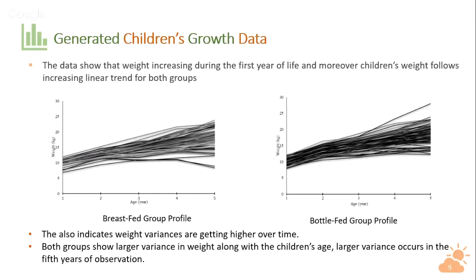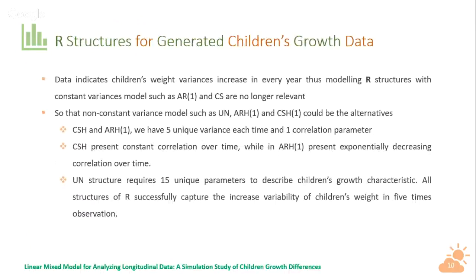So we need to know the best structure from the data, and the data indicate that children's variance increases every year. Thus, modeling our structure with constant variance models such as AR1 and compound symmetry is no longer relevant. In Arno's paper, the growth model with real data was modeled with compound symmetry, AR1 and an unstructured model.